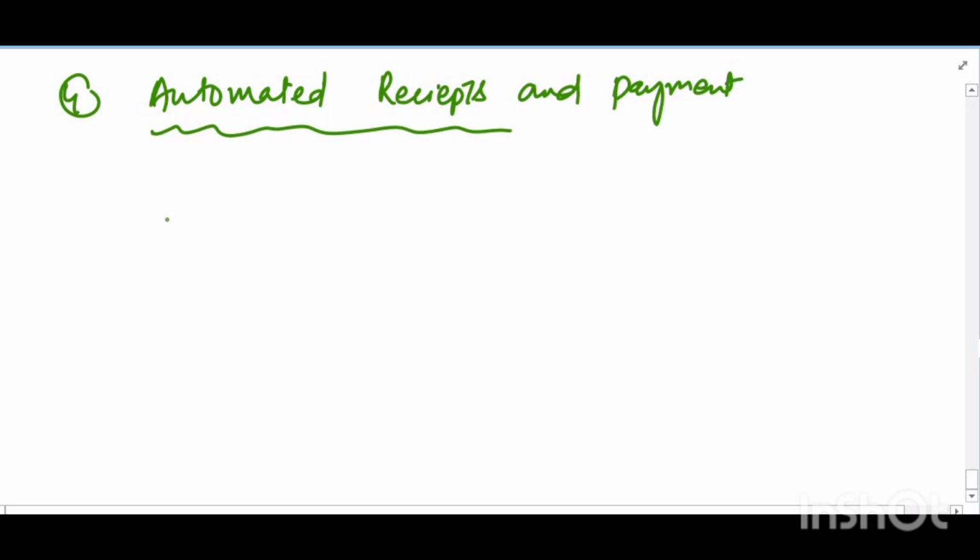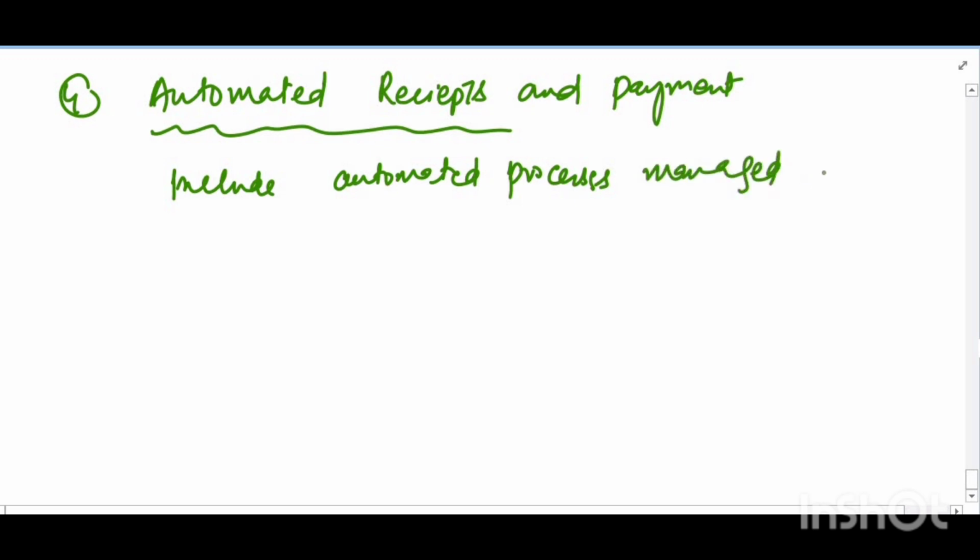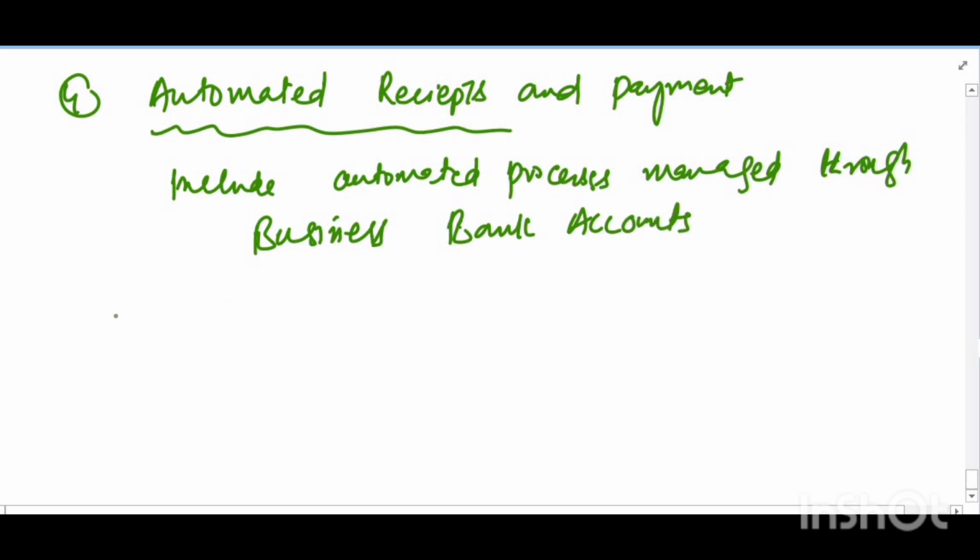Automated process managed through business bank accounts. Clear?